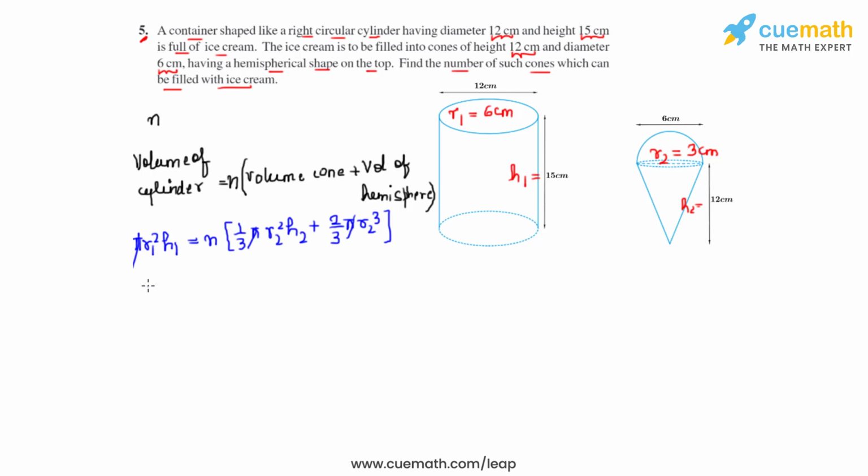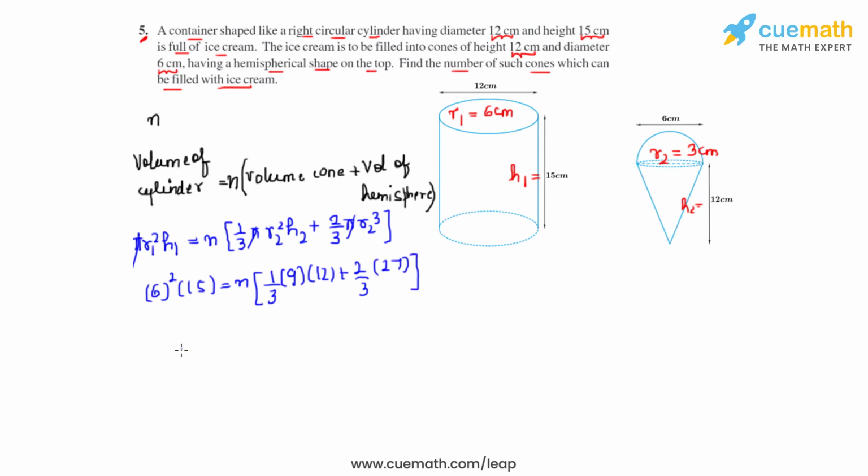So 6 square, which is R1 square, times H1, which is 15, equals N times 1 by 3 times R2 square, that is 3 square, which is 9, times H2, which is 12, plus 2 by 3 times R2 cube. So that is 3 cube, which is 27.